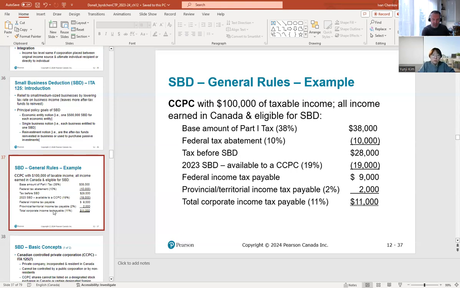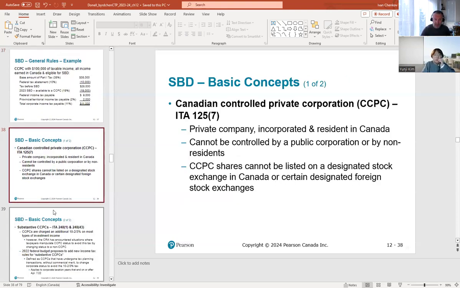Then they're going to apply the small business deduction 19%. And then we're going to come up with the federal income tax payable. Provincial tax payable, 2% we're going to add, and then we're going to end up paying 11% taxes, which is not bad. 11% taxes, that's nothing. I wish we paid that much.